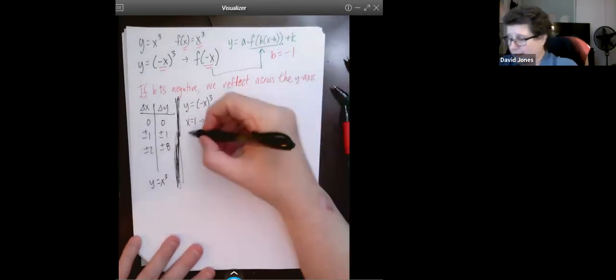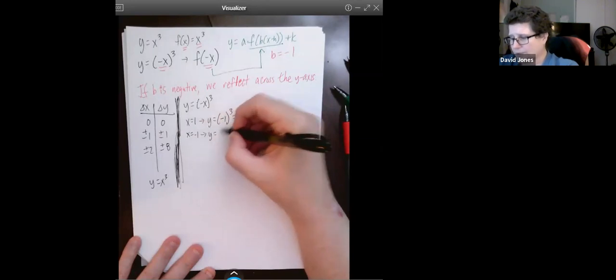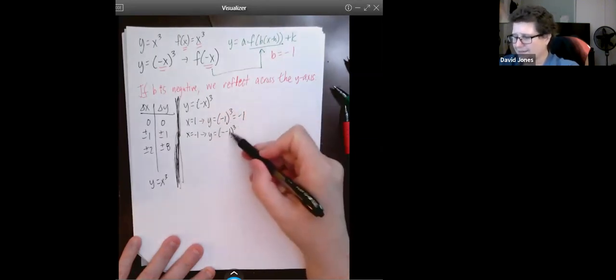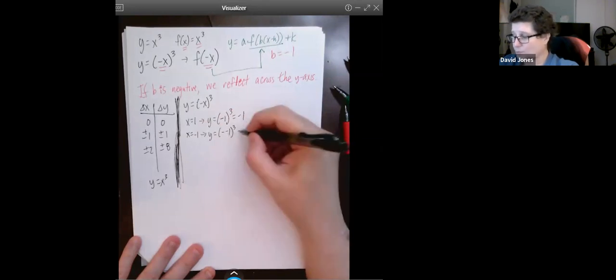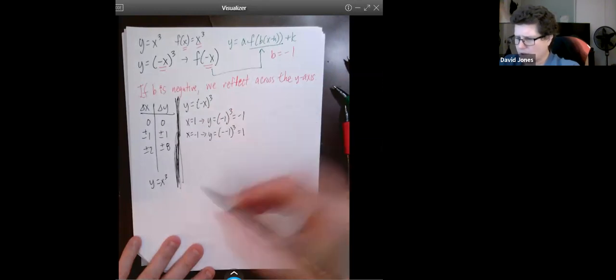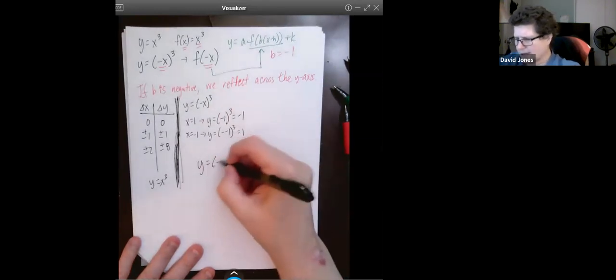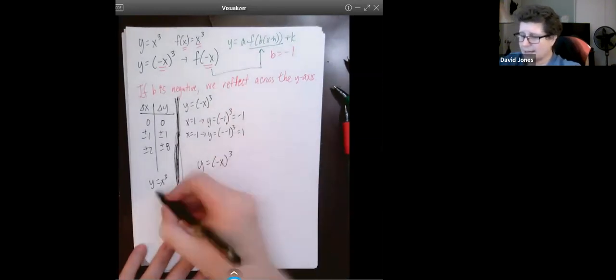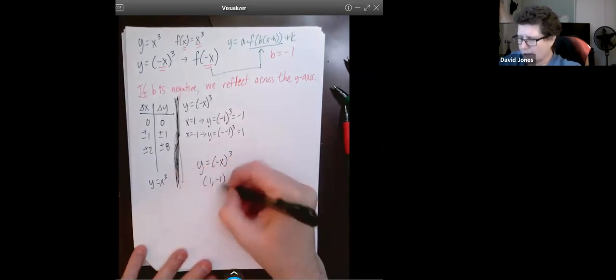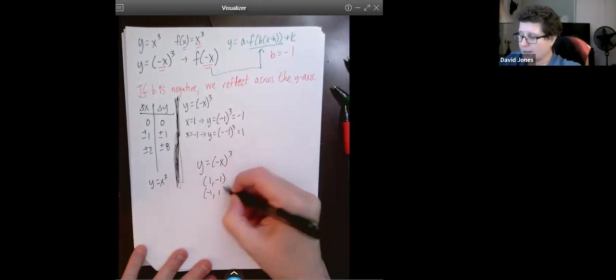And when I plug in x equals -1, we get y equals -(-1) cubed. Negative is positive. Positive 1 cubed is 1. So on y equals negative x cubed, we've got the points (1, -1) and (-1, 1).